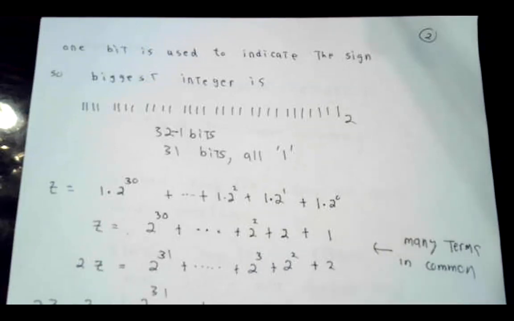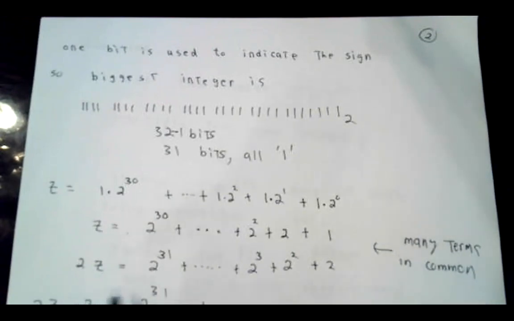To figure out what that number is, we'll use a trick that's very similar to things you did in Calculus 2 when you were talking about geometric series. I'm going to figure out what 2 times Z is. So I'll just take all of these terms and multiply them by 2, which has the effect of increasing the power of 2 on each one.